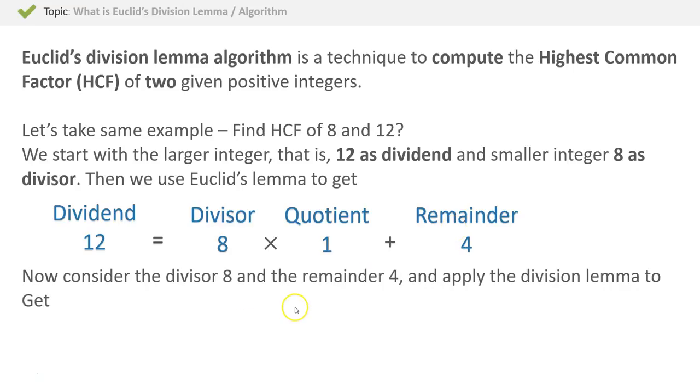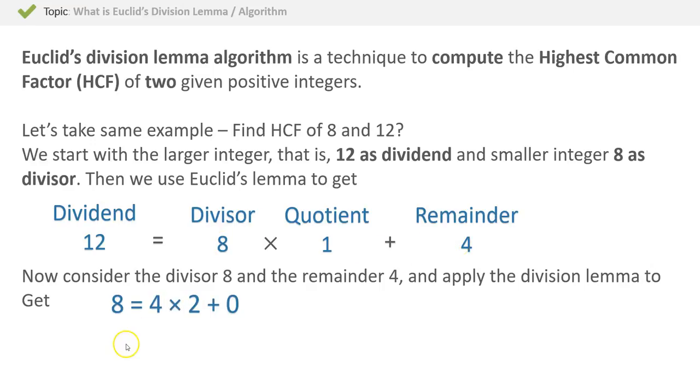Now consider the divisor 8 and remainder 4. Between these two numbers, divisor 8 is bigger. So I'm going to now use the division lemma or algorithm again between 8 and 4.